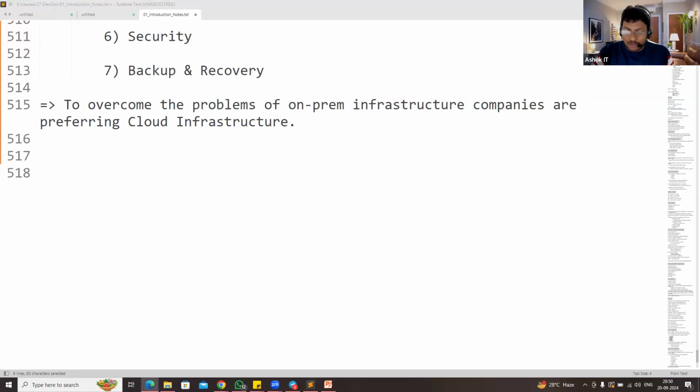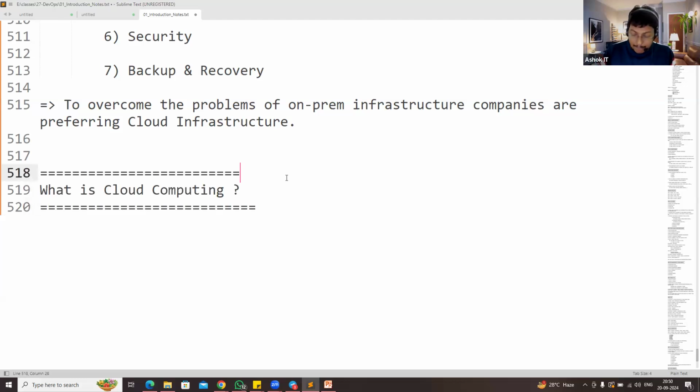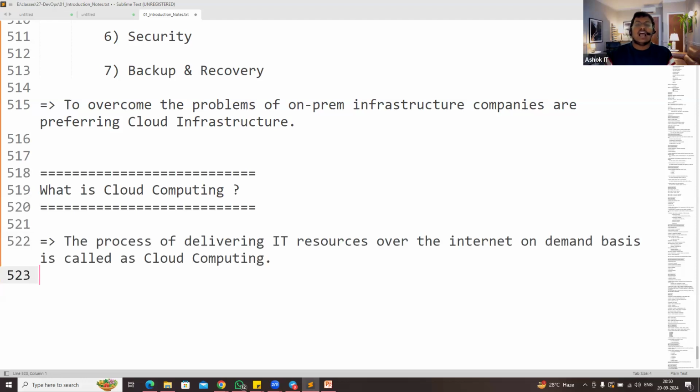So instead of going with the on-prem infrastructure, nowadays companies are going for cloud infrastructure, which is called cloud computing. So what is the meaning of cloud computing? Cloud computing is nothing but the process of delivering IT resources over the internet on demand basis.